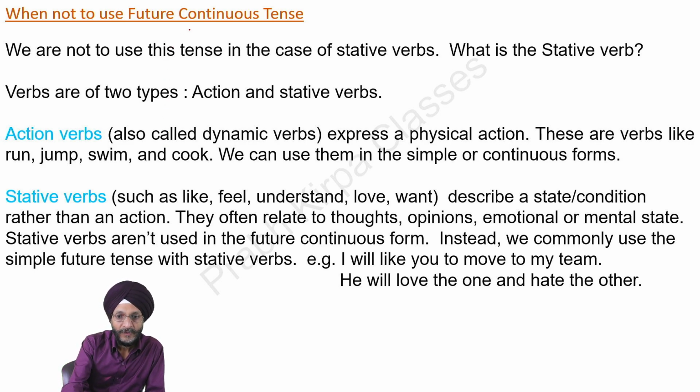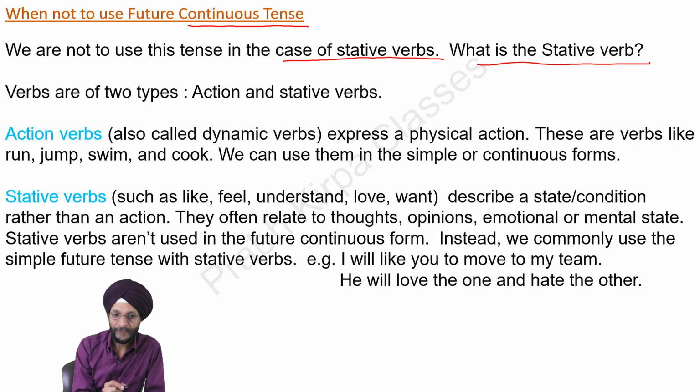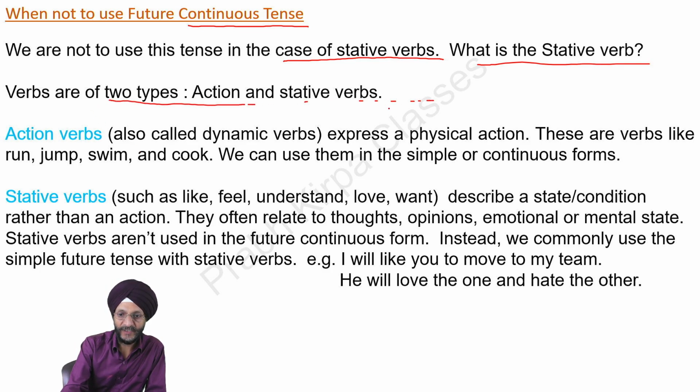Now we will see when we are not to use the future continuous tense. The answer is we are not to use this tense in the case of stative verbs. What is a stative verb? Let us see. Verbs are of two types: action verbs and stative verbs.